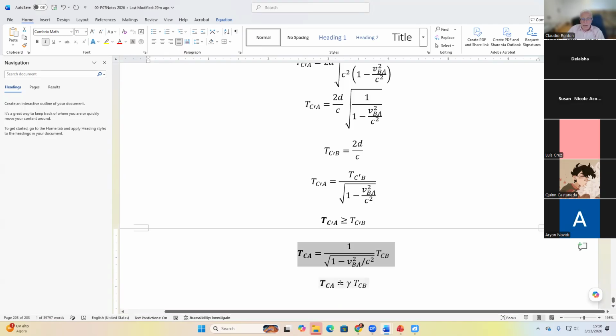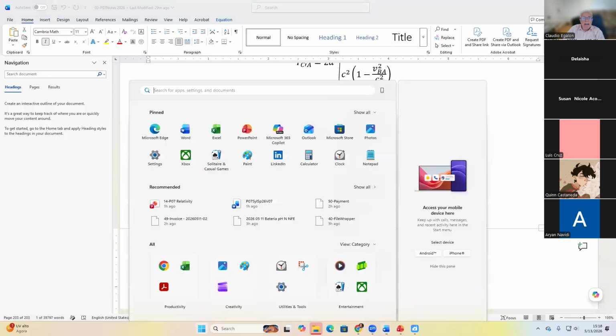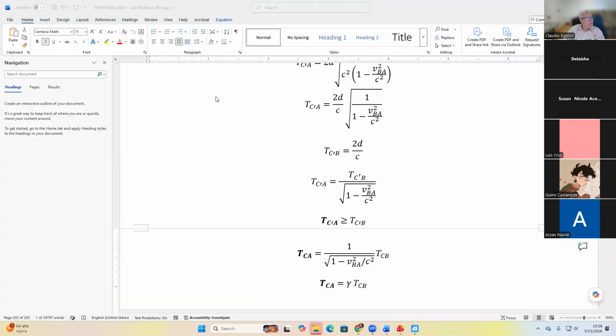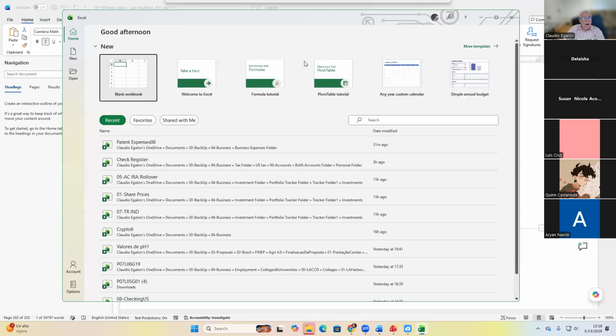When this ratio is 1, it means that the velocity of the referential is equal to the velocity of the light. Let's plot that. I'm going to get my raster right here. It's not difficult to do that.